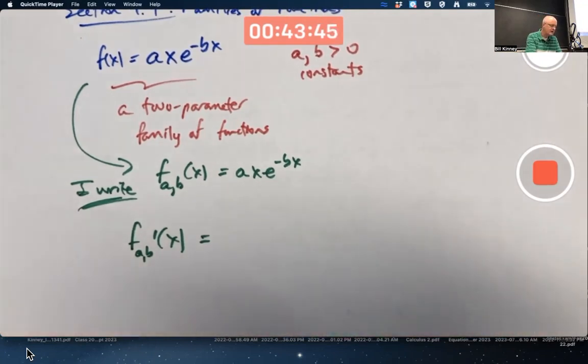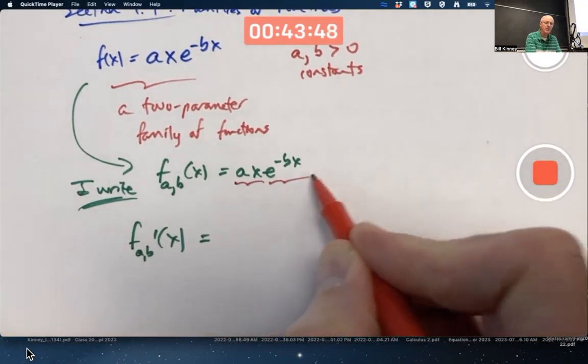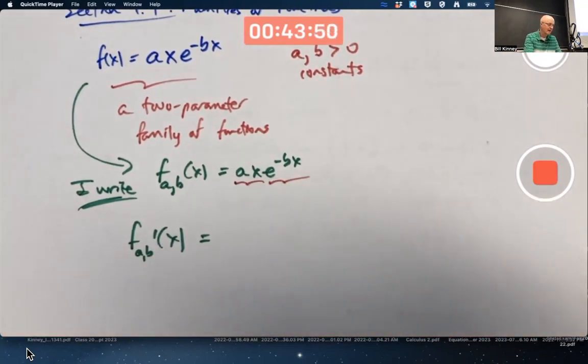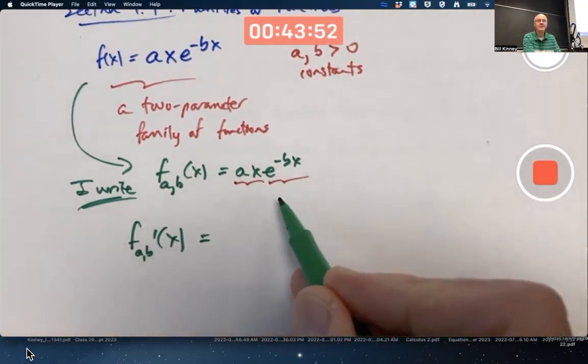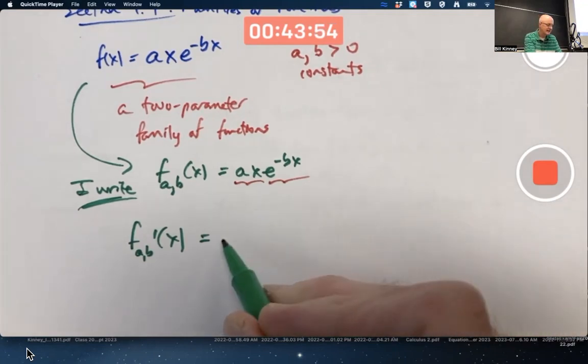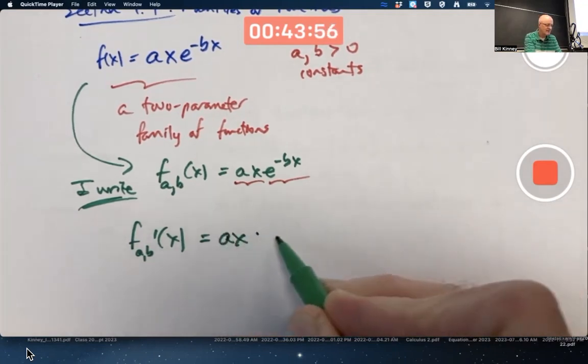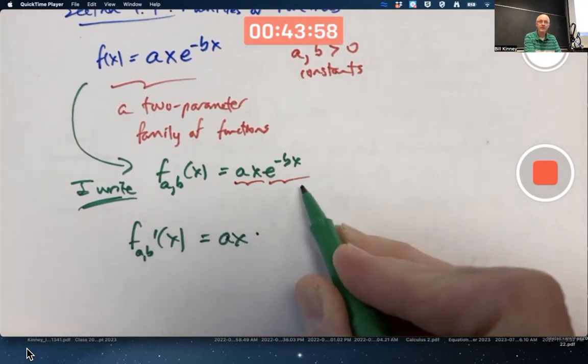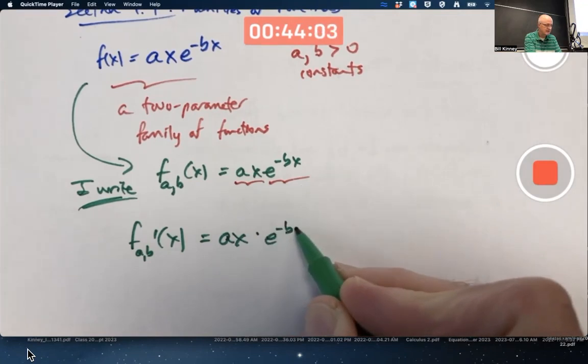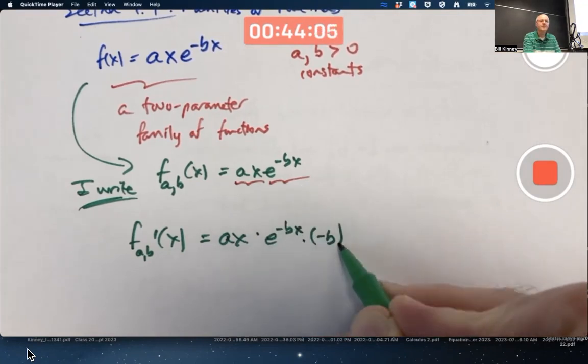This is the product of two functions. I need the product rule. A left function a times x and a right function e to the negative bx. Left d right with the derivative of the right function. I need the chain rule as well, giving me an extra factor of negative b.